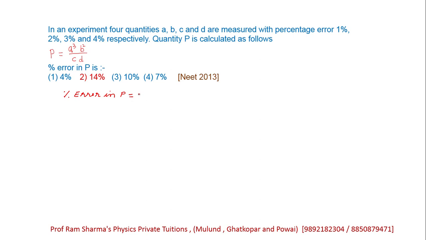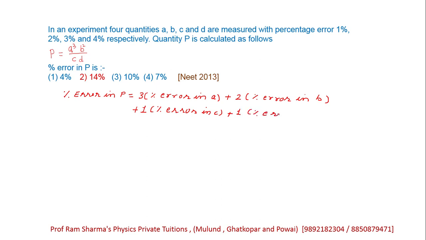So we will write percentage error in P is equal to 3 times percentage error in A plus 2 times percentage error in B plus 1 time percentage error in C plus 1 time percentage error in D.